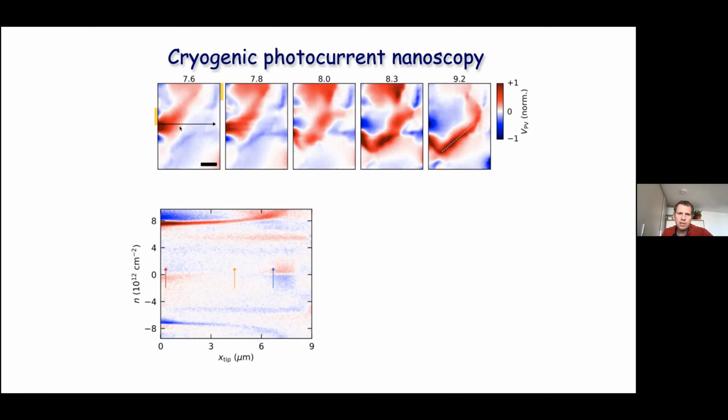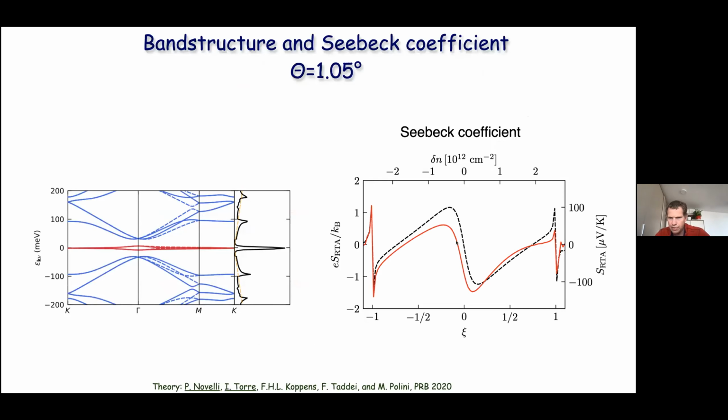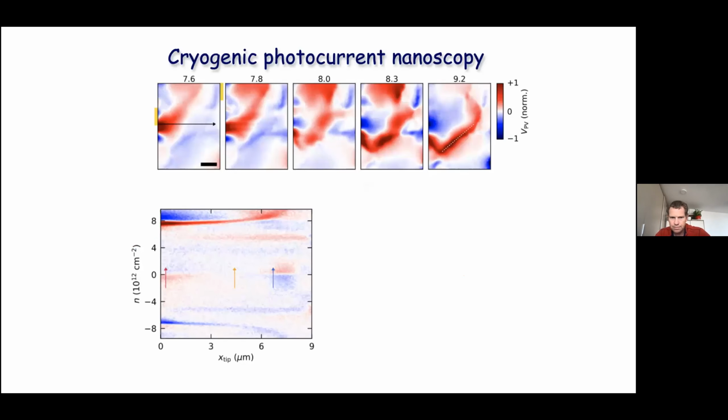But if I take a line cut, here this black line, so that's X tip, and the vertical axis is the carrier density, so the Fermi energy, then I can see quite a clear profile. I see some sign changes, but I see very strong photoresponse here at higher density, 8 times 10 to the 12, and also negative. And that makes you think of this graph, where at full filling there is this peak and dip in the Seebeck coefficient.